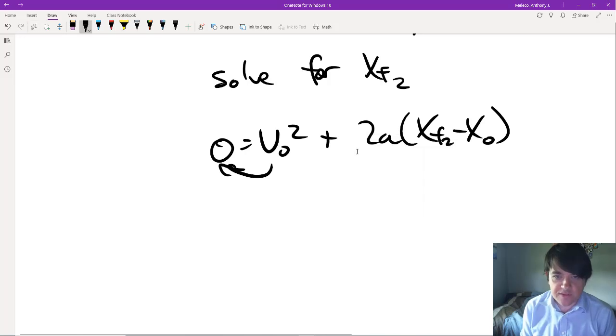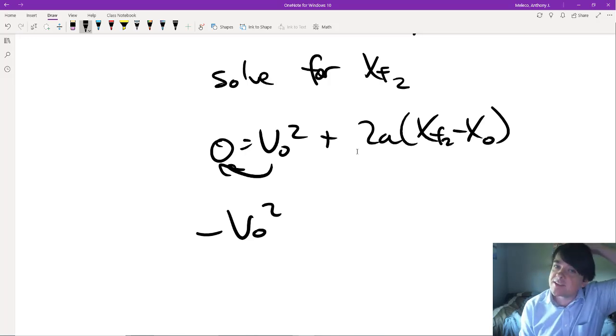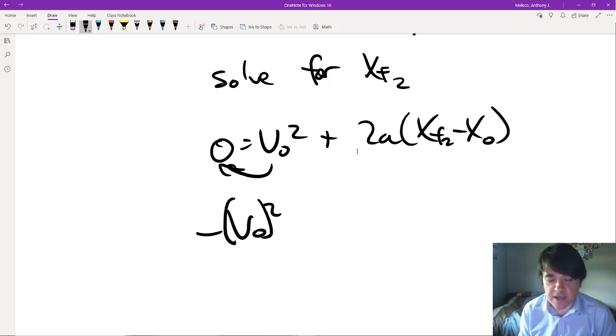Now, this is a squared value, which means if I were to plug in 10 here, I would say v naught's 10. 10 squared is 100. You move 100 over, it would be negative 100 on the other side. So what I mean by that is, don't square the negative sign away. It's outside of it, because you're moving over something and it's a negative value.